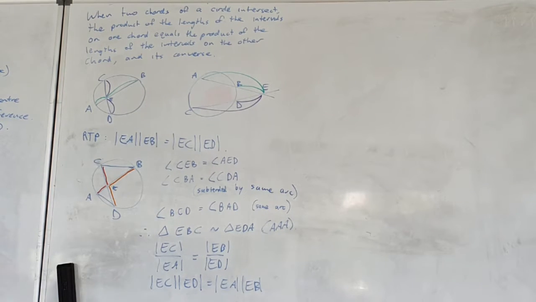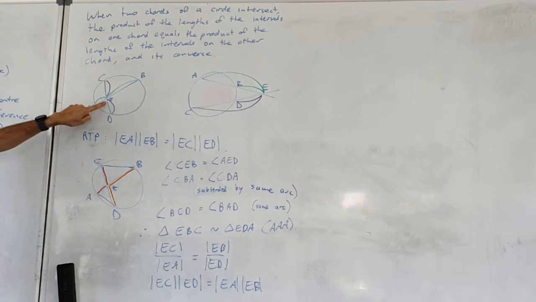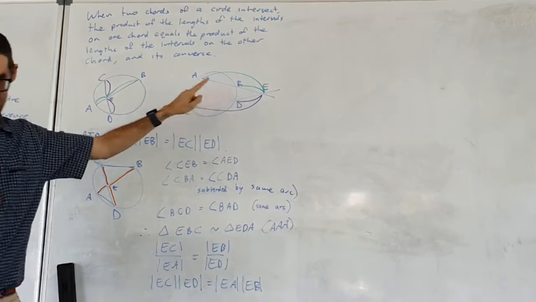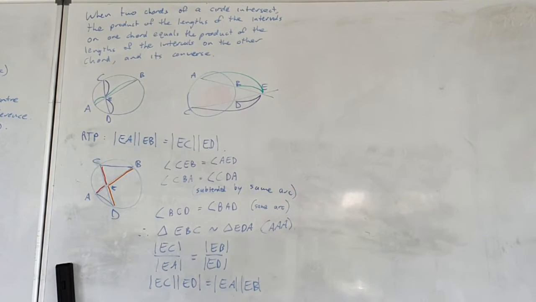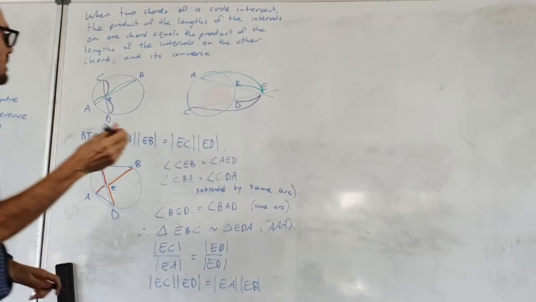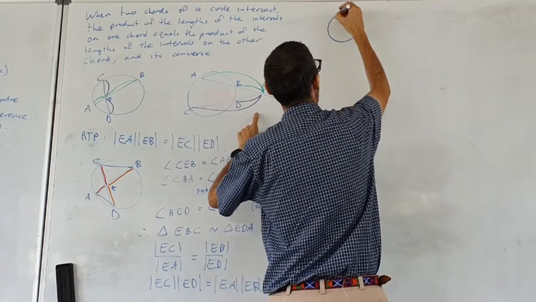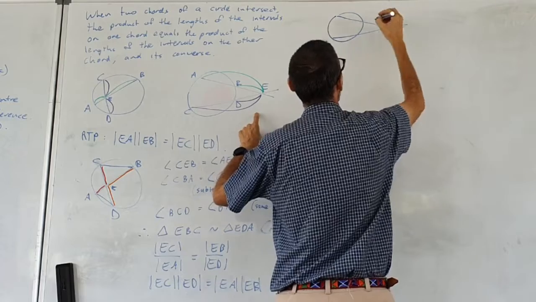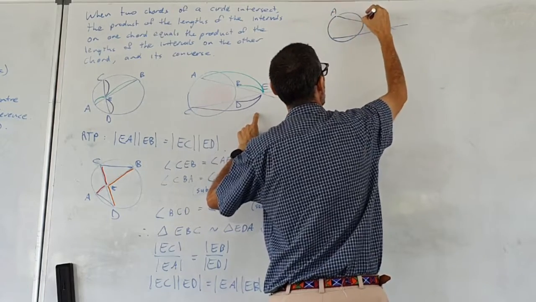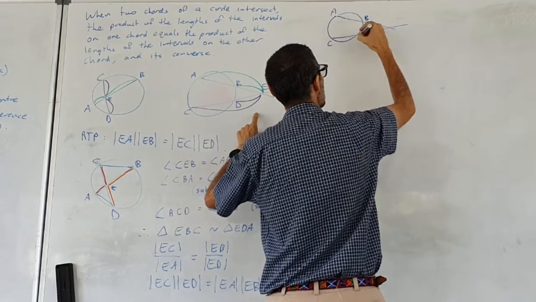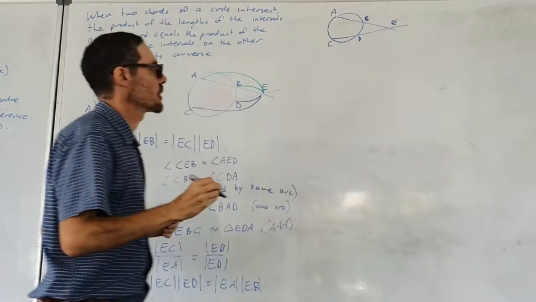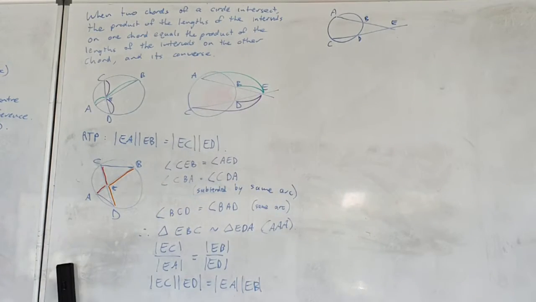So far so good. I can show that it's true when they meet inside the circle. What about when they meet outside the circle? A, B, C, D, E. Of course they use a different letter, why not?